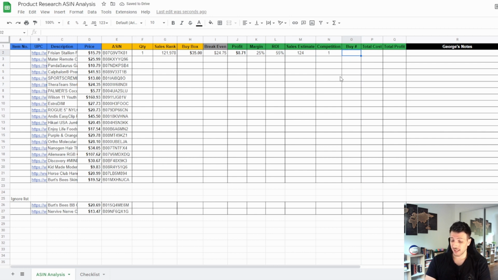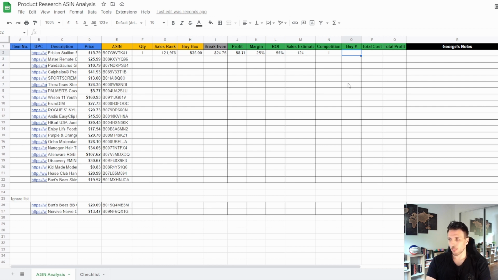Okay, so in this next column, we're going to say how many we're going to buy. So we're going to come up with a little equation here, so I can work on all of them after this. What we're buying basically is the sales estimate divided by the number of competitors plus us. If there's one competitor and we become the second seller on a listing, that means we would hypothetically share this sales estimate 50-50.